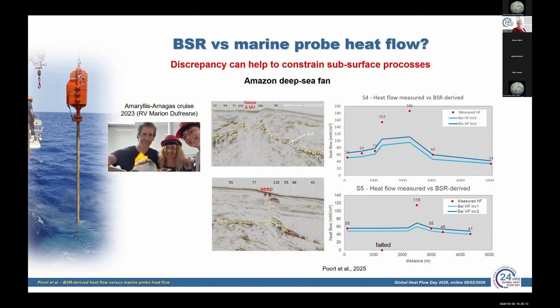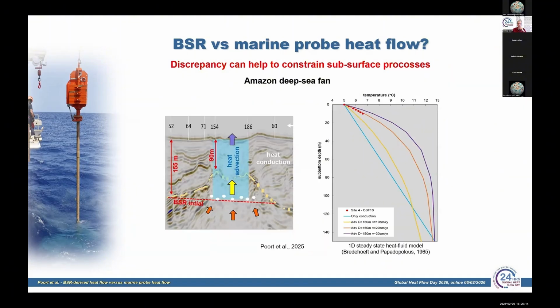So this is interesting, and we use this information in order to see what could be the source of the escaping methane and fluids.